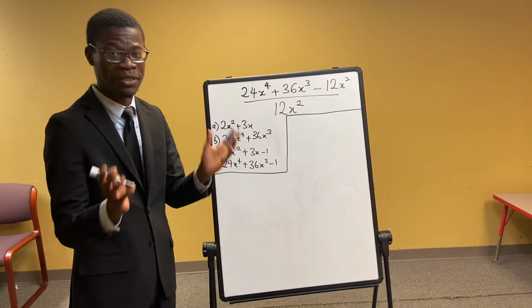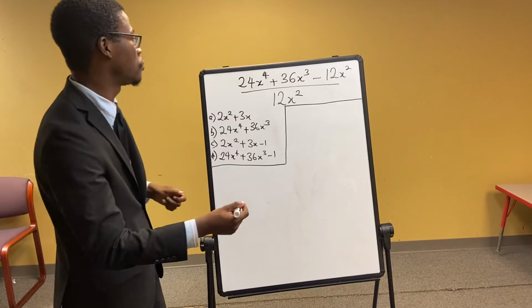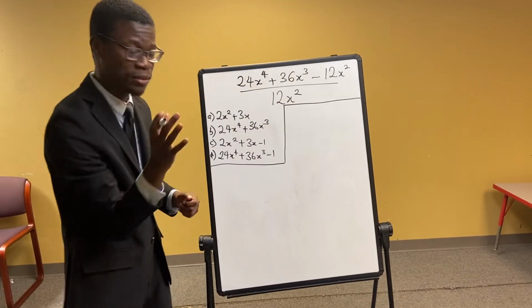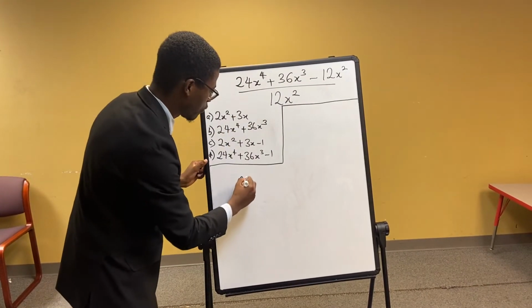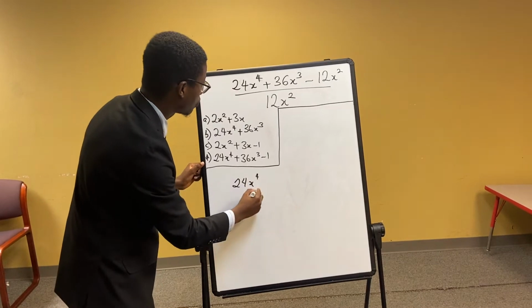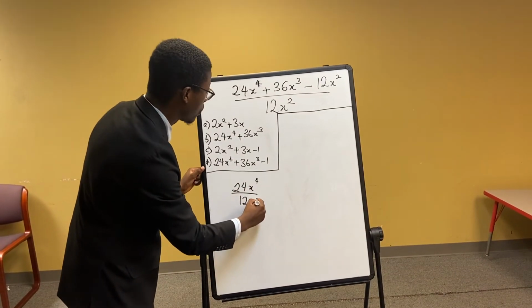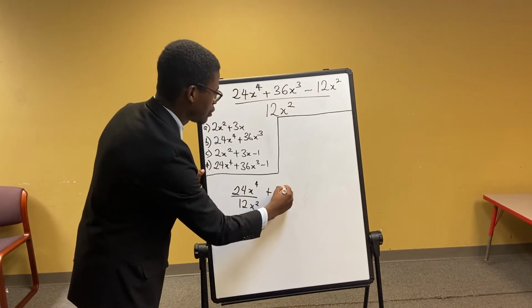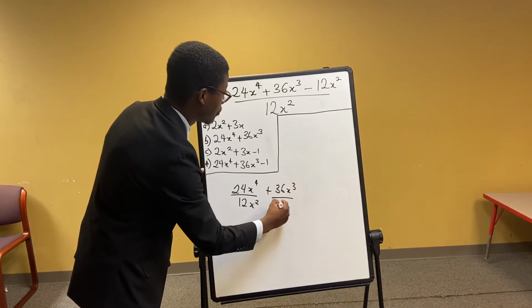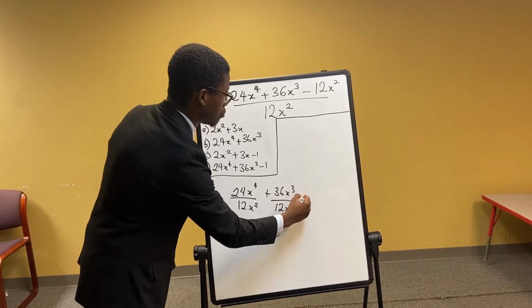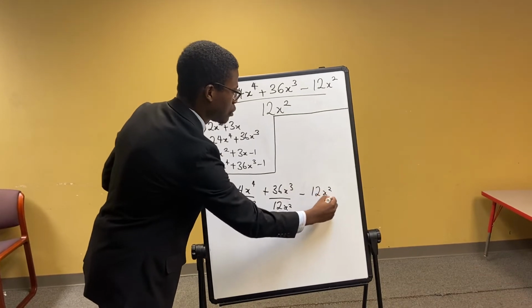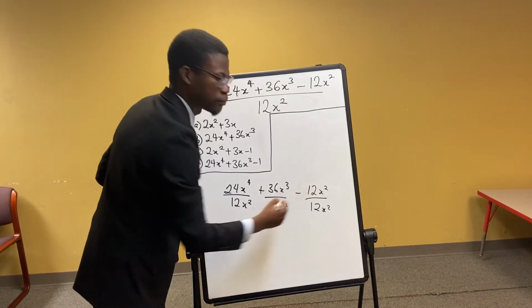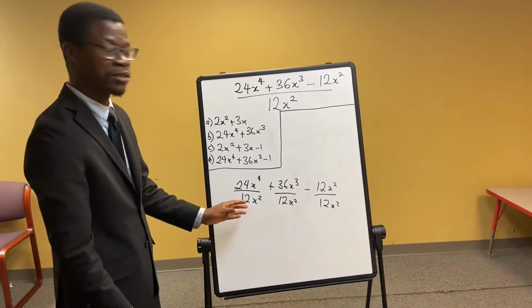So that makes things easier for us. So what I can do is write this expression again as 24x to the power of 4 divided by 12x squared, plus 36x cubed divided by 12x squared, minus 12x squared divided by 12x squared. See, makes things easier.